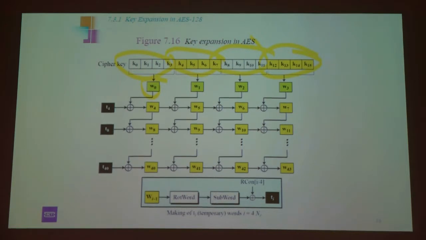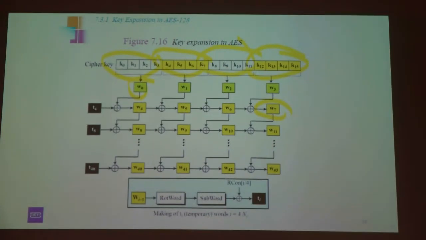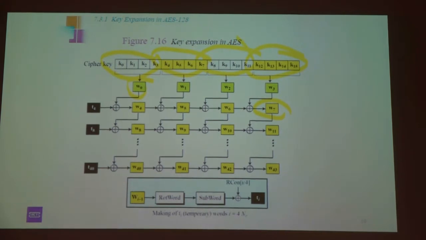From the key. The complexity starts now. How do we create word 7, for example? It's coming from XORing the word above it with the word to its left. So you XOR word 3 with word 6, and that will give you word 7.